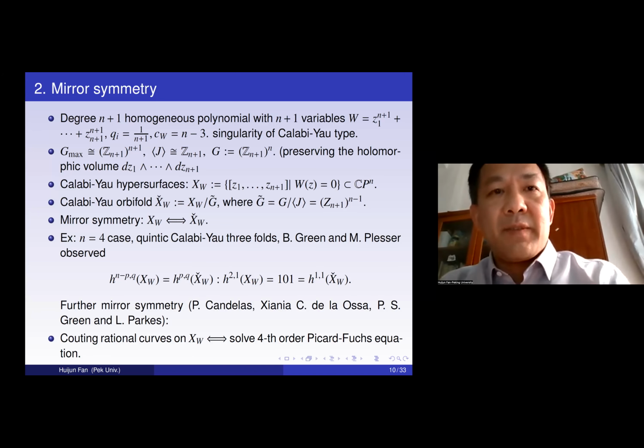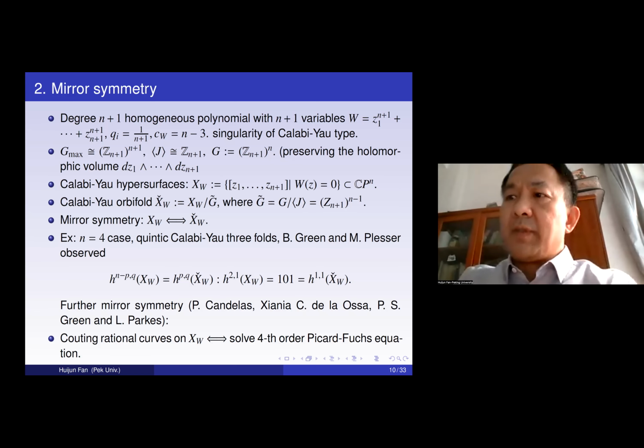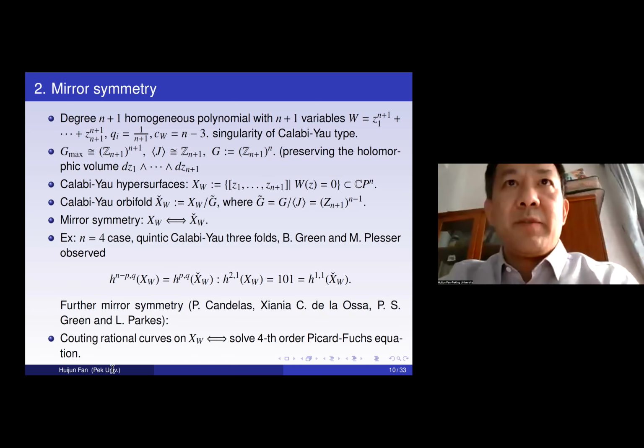At first glance, it's very nonlinear. If you want to count the number of rational curves, but this is transformed into the solution of ordinary differential equations. So this was a very surprising phenomenon.